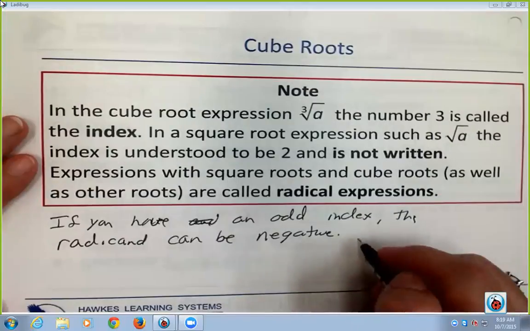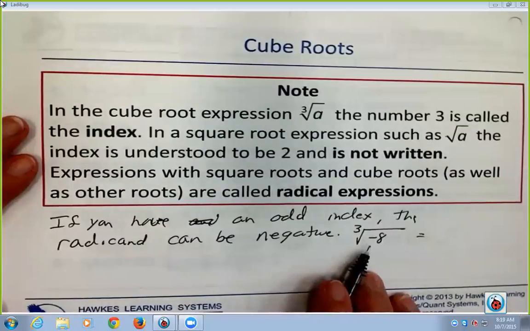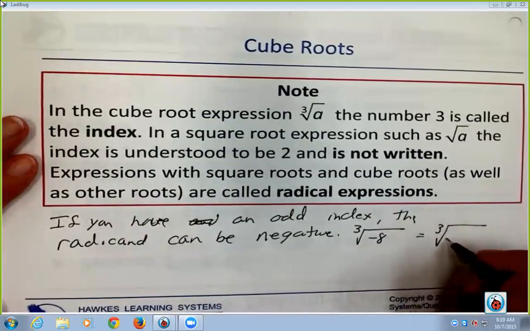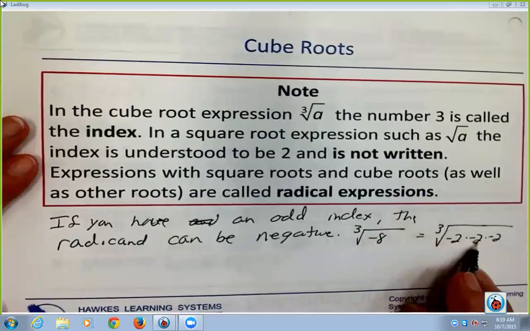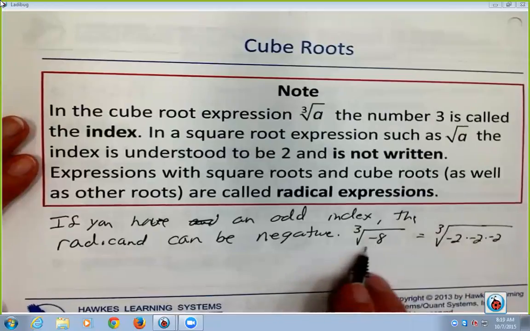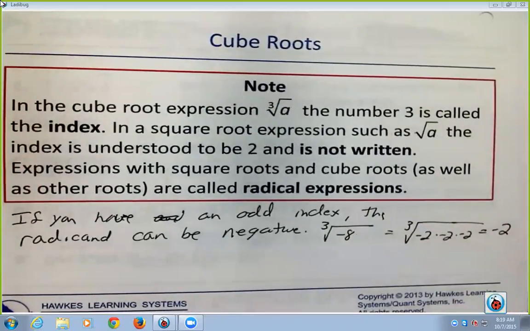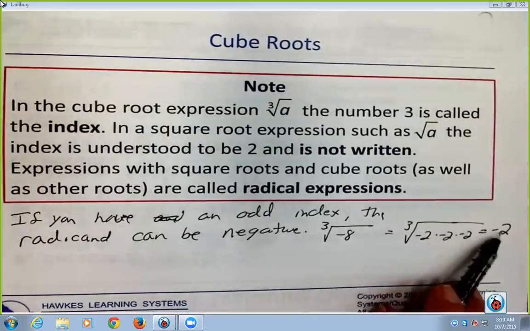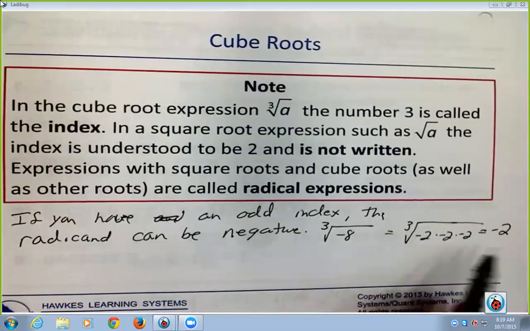The reason being is if I had the cube root of a negative 8, under here I would have a negative 2 times a negative 2 times a negative 2, because a negative 2 times a negative 2 is positive 4, times a negative 2 is a negative 8. So therefore, when I pull that out, there is no question of whether the answer is a negative value or a positive value, because with any odd exponent, or odd index, I should say, I can come up with that value if my answer underneath is negative.